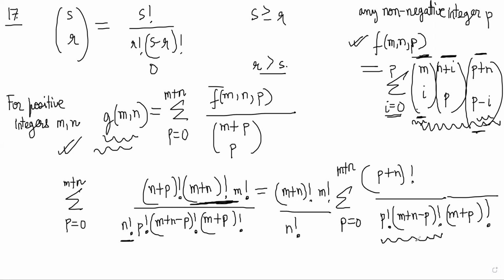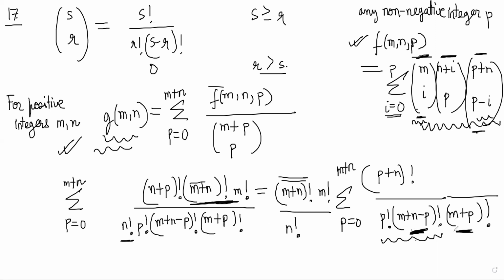But from there only I had gotten this, so that doesn't help us much, because I've taken out this. If I bring it in, it will become the same thing as before. Doesn't help us. So I want to change the order a little bit: m plus n minus P, and I want to combine this and this, because that is a different order than what I had taken out.